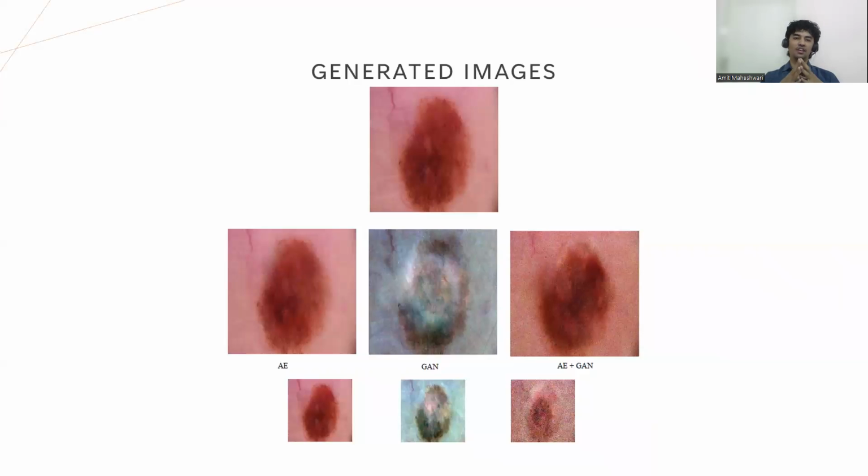So here on the screen, we can see that the first and topmost image is actually a real one, right? In the second row, the images are 256 by 256, and in the third row, images are 128 by 128. For better visualization, we will focus on 256 by 256 as it is better in quality.